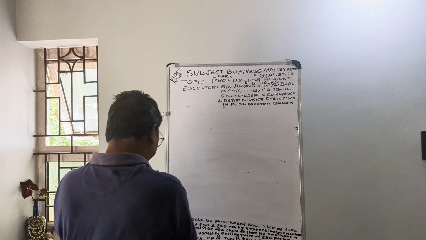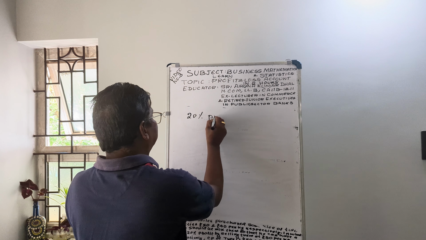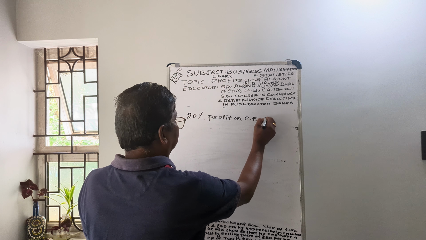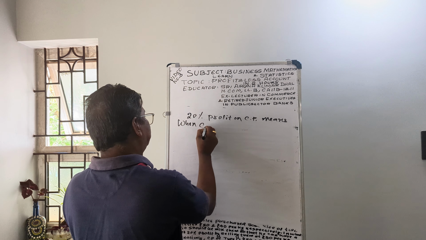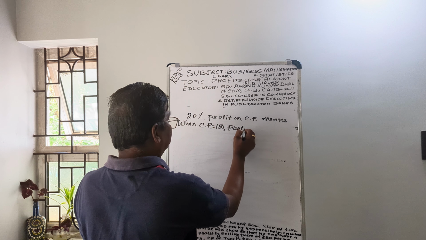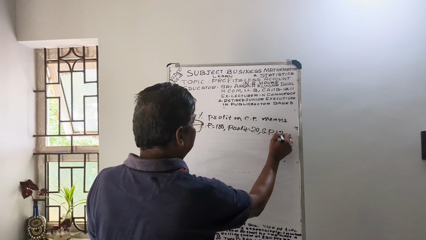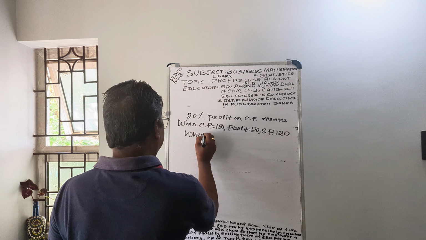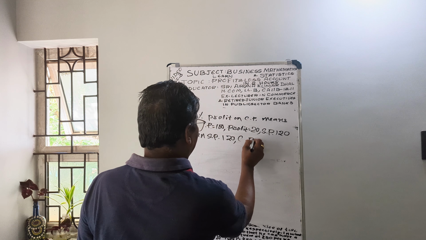So cost price here, 20% profit on CP means when cost price CP is 100, profit is 20, SP is equal to 120. So when SP is 120, cost price is 100.